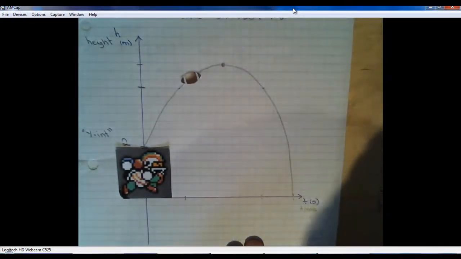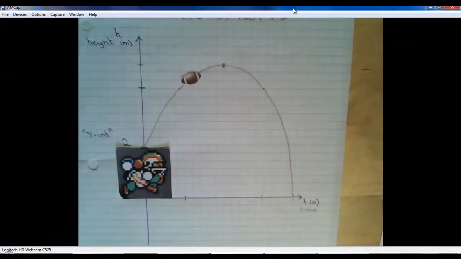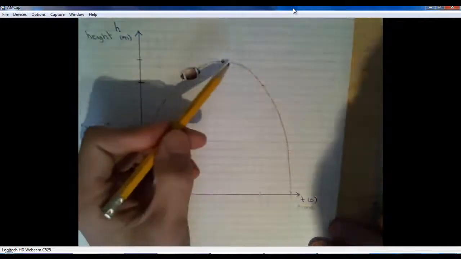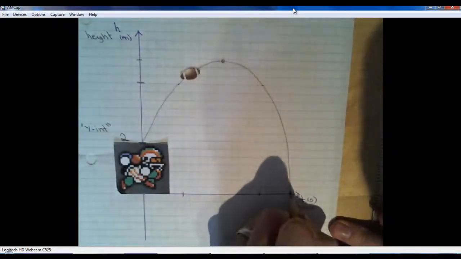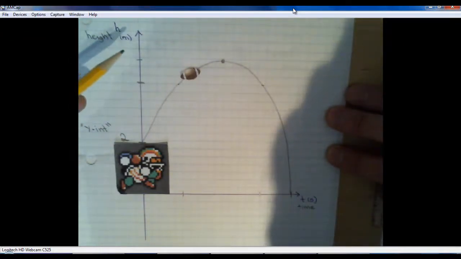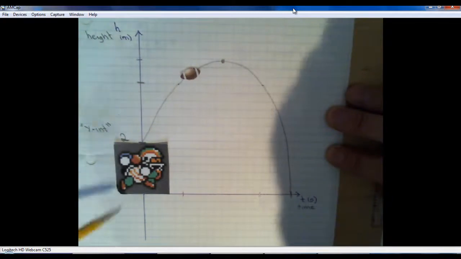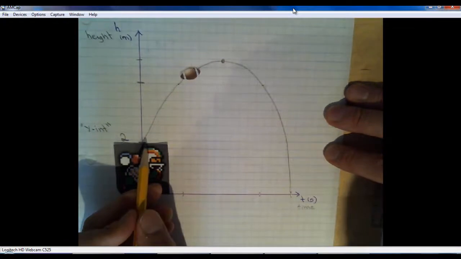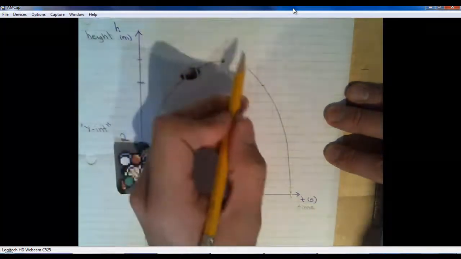Now, in the question, it says, how long was the ball in the air to the nearest tenth of a second? Well, our little player here shot the ball, and it went up to a max height, and it came down, and it landed right here. So how long was the ball in the air? Well, it started in the air. You know what, guys? He's 2 meters tall. That's exactly what this means. At a height for y, and with a y-intercept of 2, this football player is 2 meters high, so he launches it from his height of 2 meters, just over 6 feet, and throws it across the field.